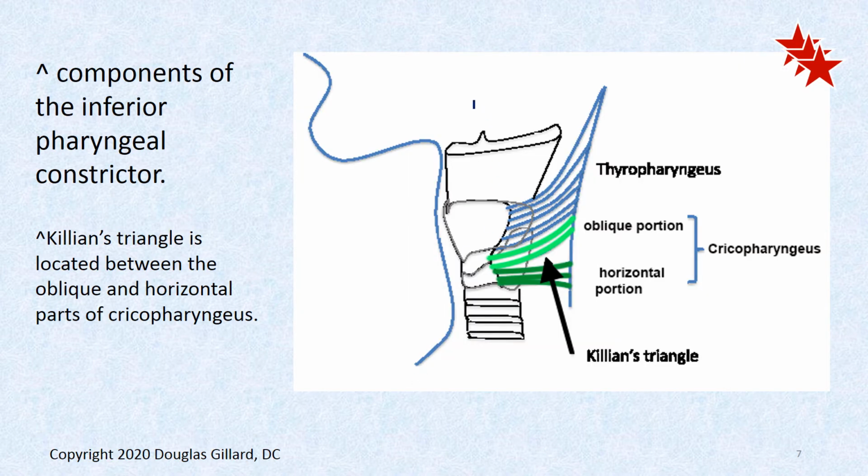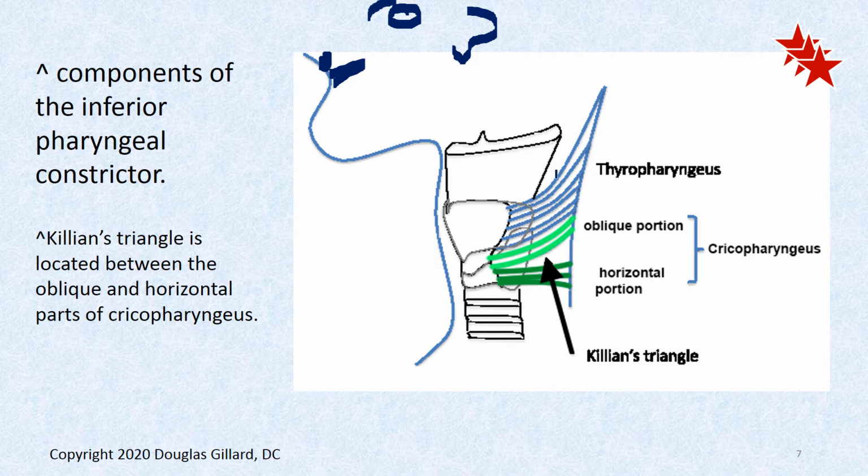Let's look at a picture. So here's the eyeball of this person. There's the nose. The mouth is right there. There's the ear. So we're looking at the side view here. So here's the thyroid cartilage, the lamina of the thyroid cartilage. Here's the cricoid cartilage right here. And so the inferior pharyngeal constrictor has 2 components.